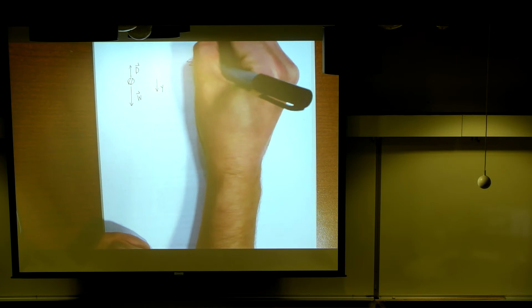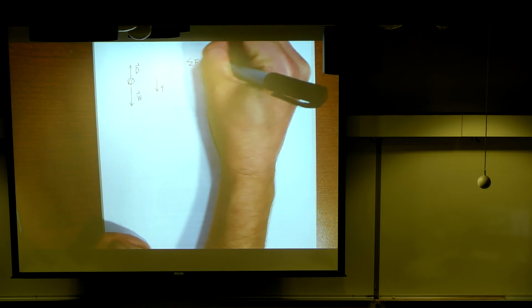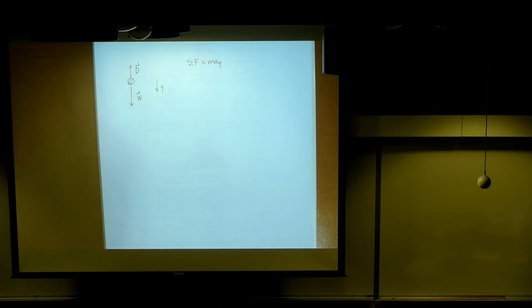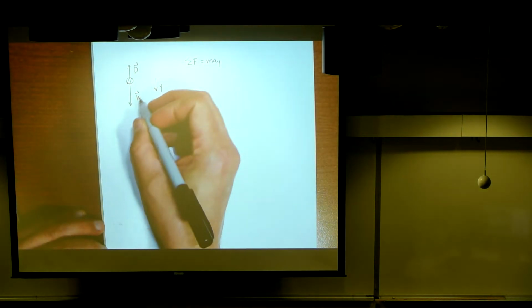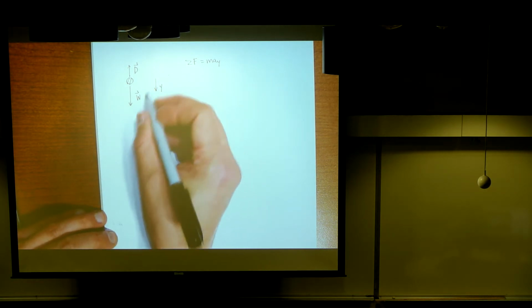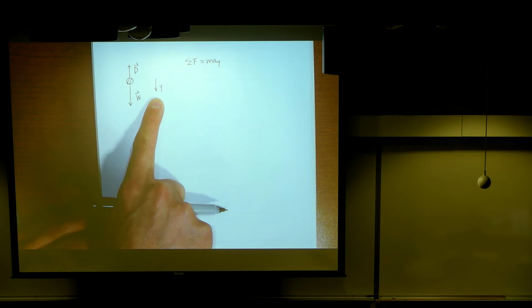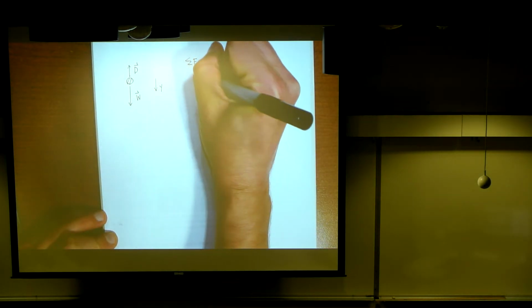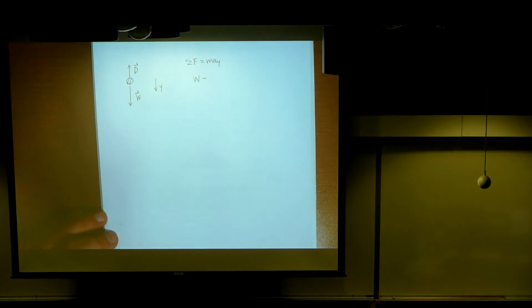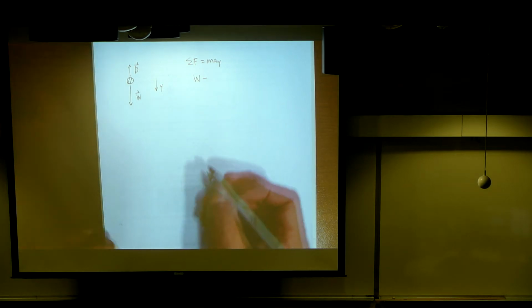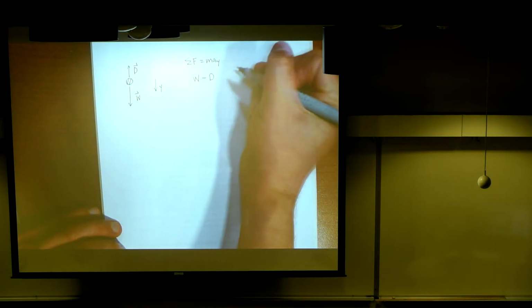Let's do F equals ma. It's kind of like what we said before. You have these two forces. One of them is the weight, going in the positive direction according to this coordinate system. And then the other is the drag force, going in the negative direction, like this.